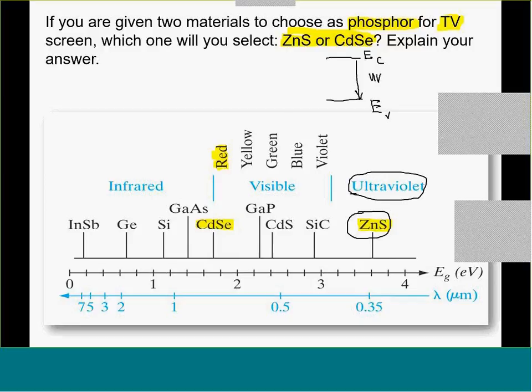But if we introduce a trap in between, let's say we have a trap here, the electron will go down here. Then when it goes down to the valence band, it will give out red light. So this part will be lost as heat.